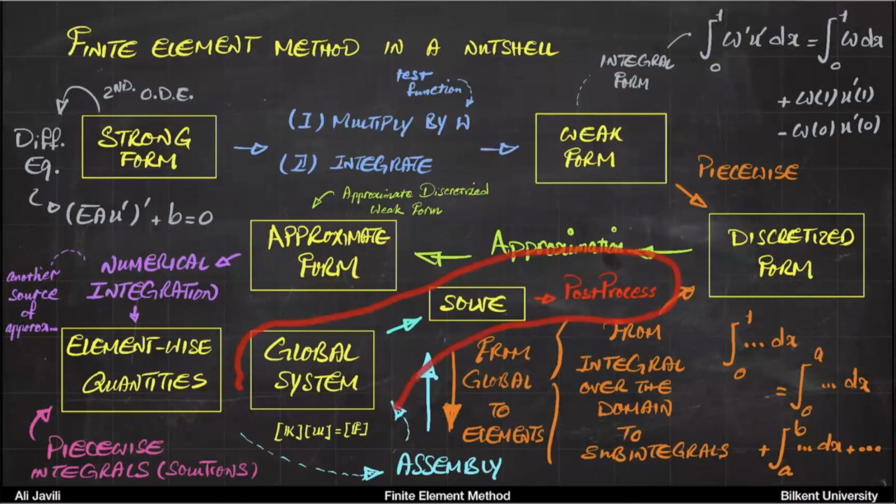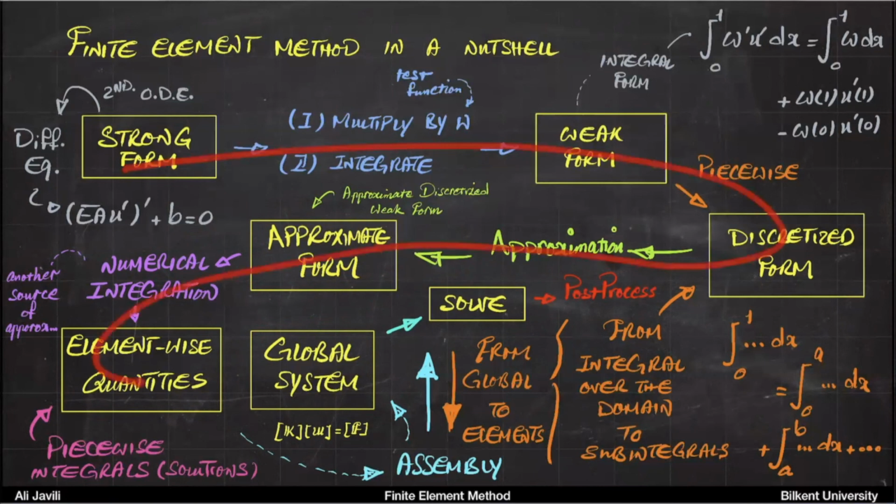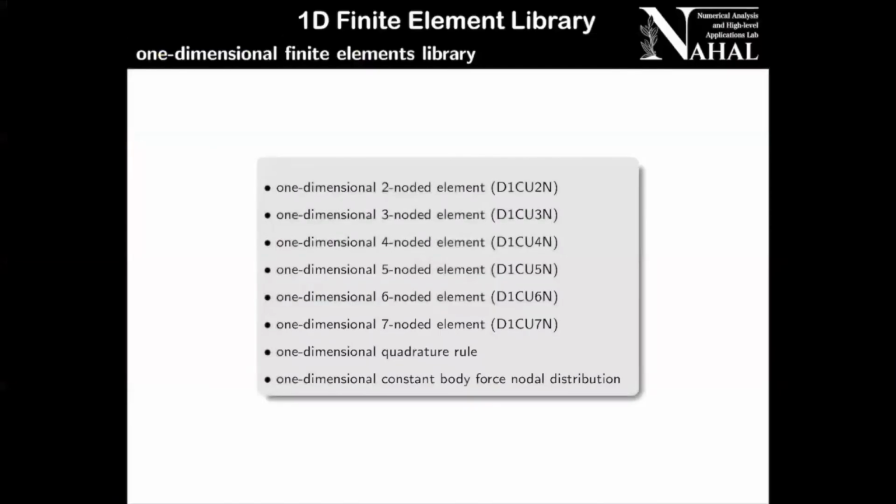So we started assuming that we know those element-wise quantities. So we talked about assembly, we talked about solving and post-processing, and you have done your projects and you know it very well. So basically now we covered all the finite element area or spectrum.